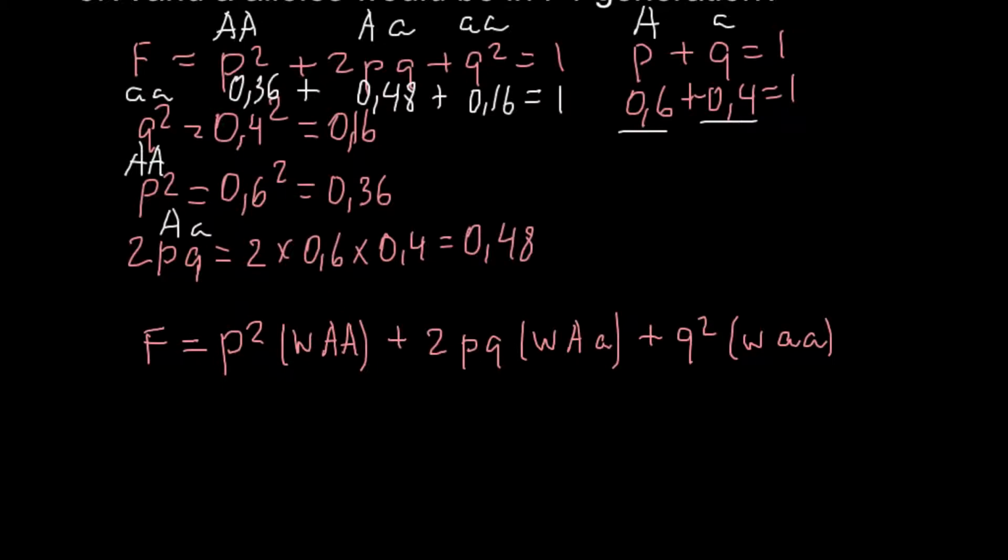And as you see, the relative fitness of the homozygous dominant genotype is 1.